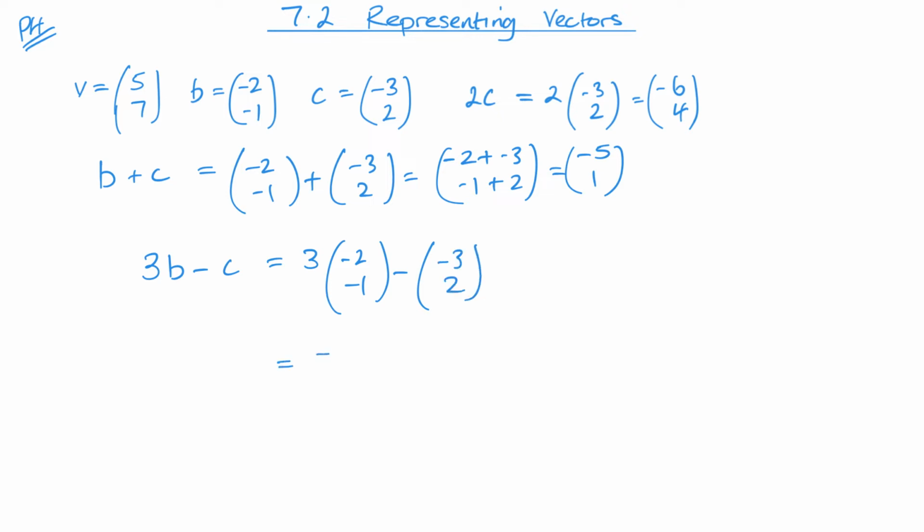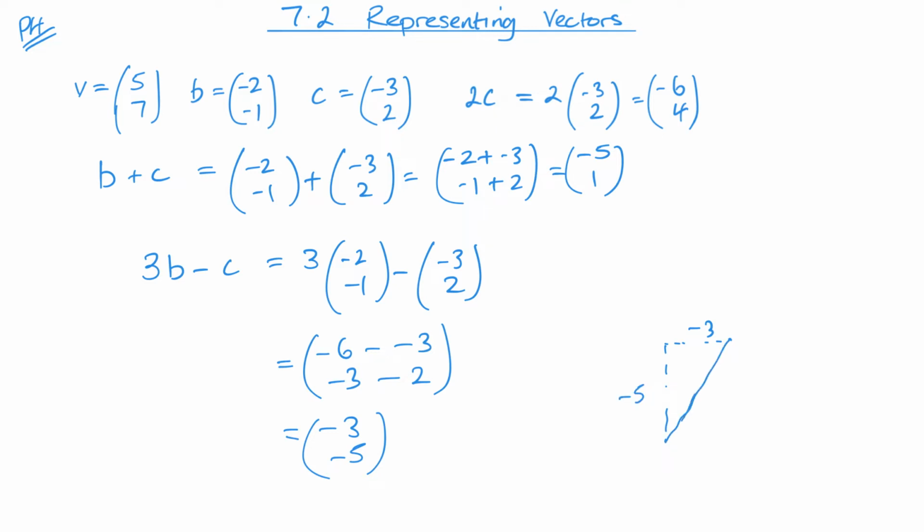So you think about this as (-6, -3), and then we've got to take away -3 on the top, and we're taking away 2 on the bottom. So -6 plus 3 is -3, and -3 minus 2 is -5. So then we get a vector which is 3 to the left, 5 down, and this is the vector 3b minus c. That's combining everything together.